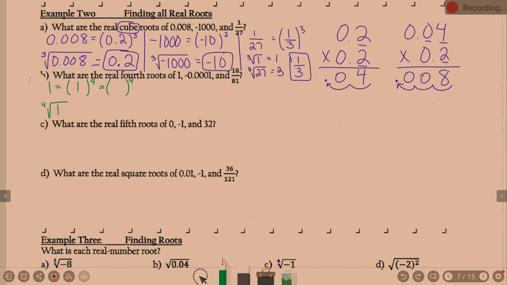And so what I'm going to put here is just kind of a comment that the radical sign, you guys know what I mean by the radical sign? The square root symbol, right? Yeah. Okay. That radical sign there represents only the positive root.